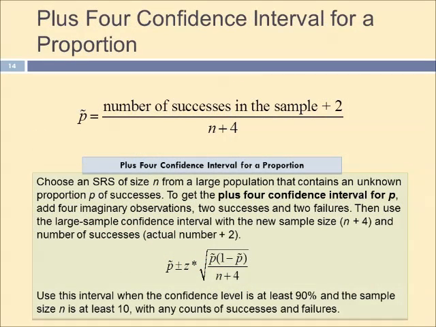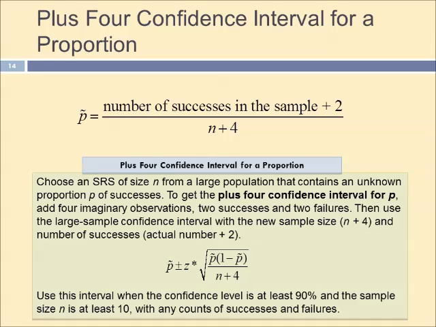So we choose a simple random sample to get the +4 confidence interval for the population proportion. We add 4 imaginary observations, 2 successes, and 2 failures, and then use the large sample confidence interval with the new sample size and number of successes.